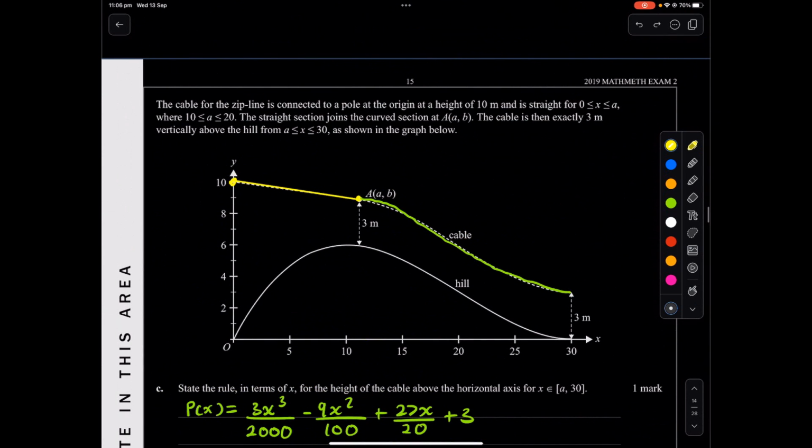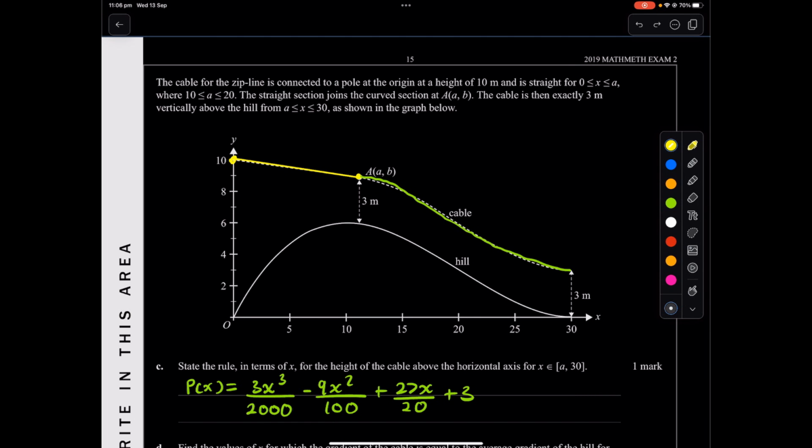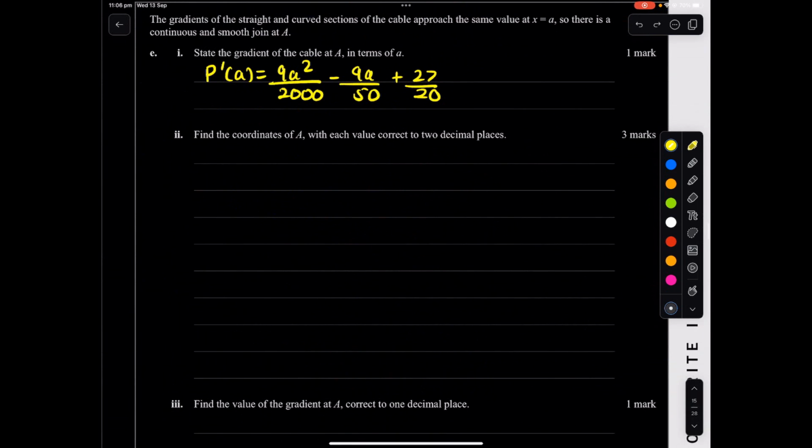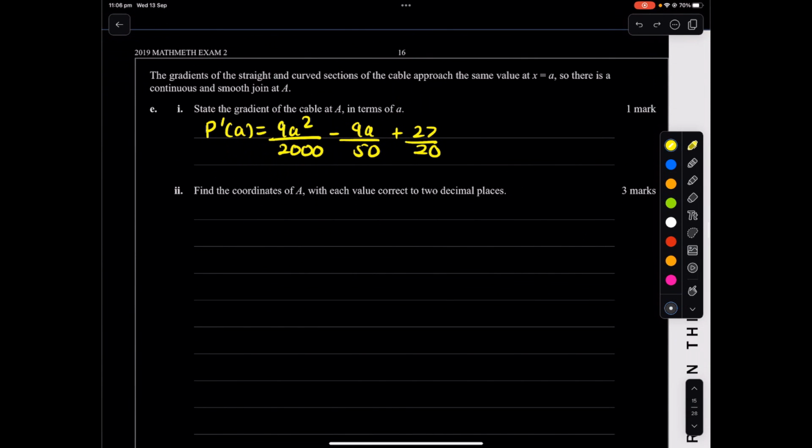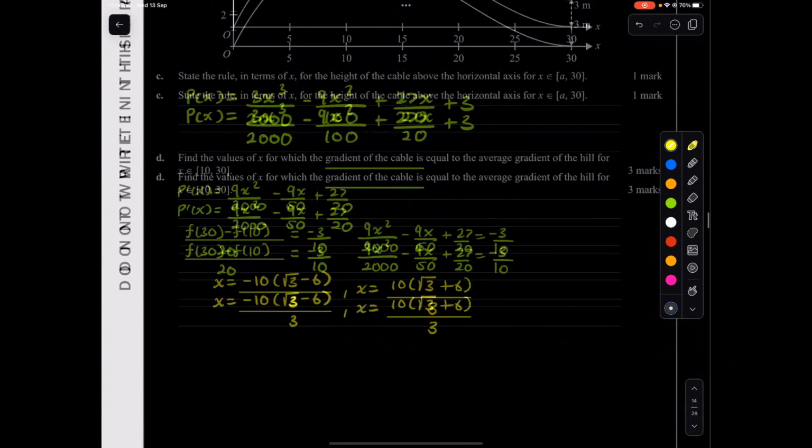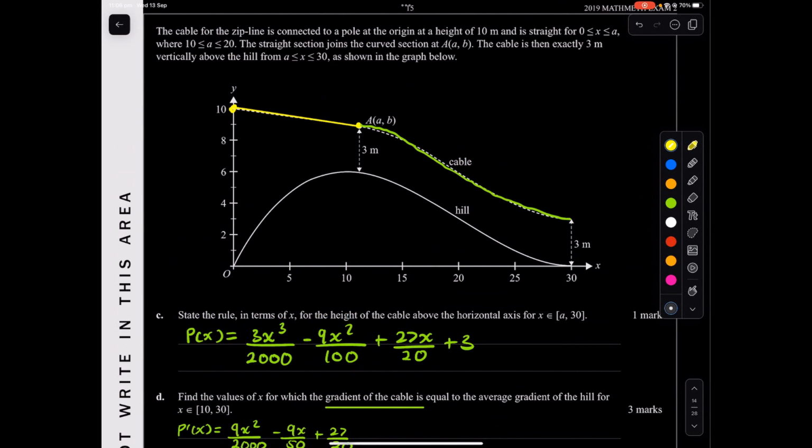We just need to find the gradient of this from 0 to a. So let's just try to find the average gradient.